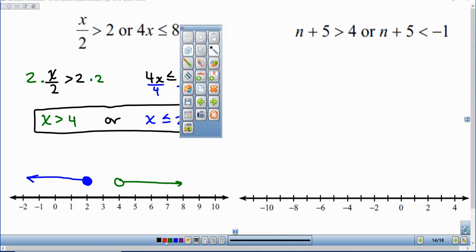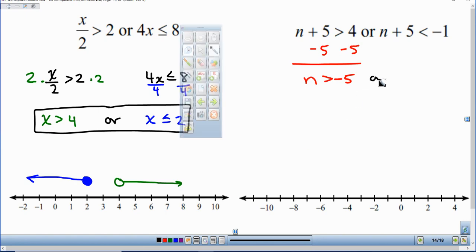And let's do this one. Subtract 5. You will get n is greater than negative 5. Or subtract 5 on this one, and you'll get n is less than negative 6.